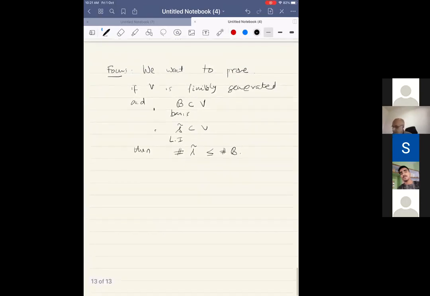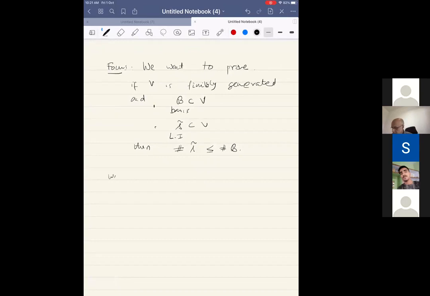And we will use the following theorem: any linear map from R^n1 to R^n2, n1 bigger than n2, has a non-zero kernel. To prove this.